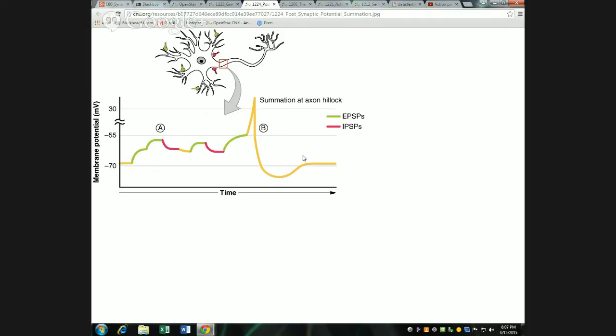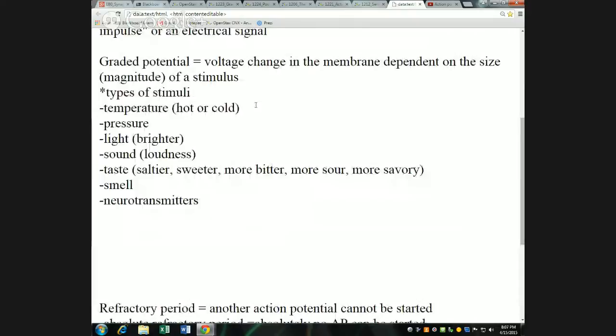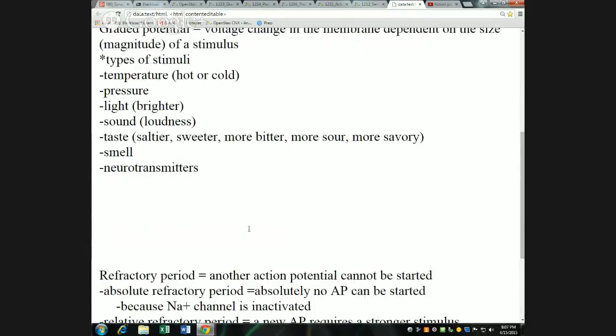And these are actually another type of potential that I want to define. Okay. These are postsynaptic potentials. This is a graded potential at a synapse.